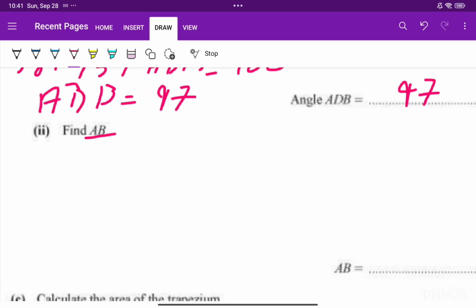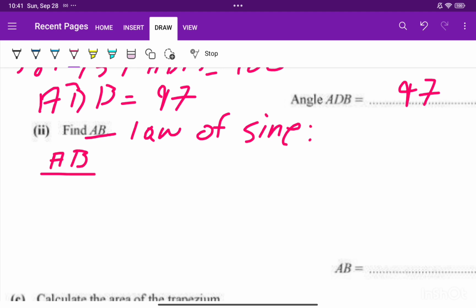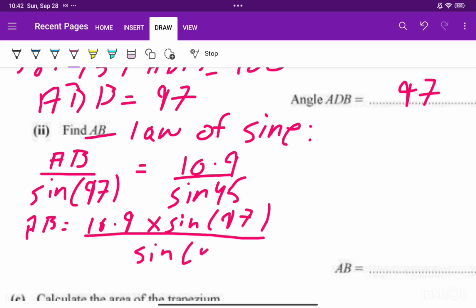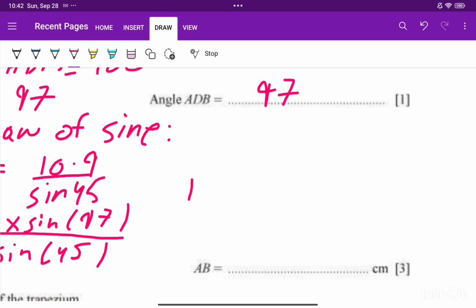So we can use the law of sine: AB over sine 97 will be equal to 10.9 over sine 45. So AB will be equal to 10.9 multiplied by sine 97 divided by sine 45. Let's do this in the calculator.